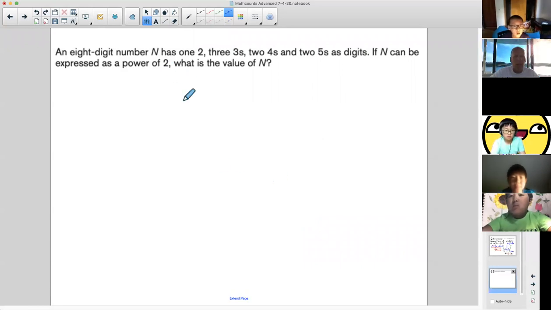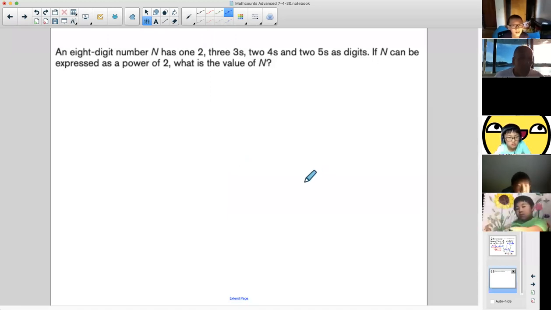Okay, so anyway, guys, we have an 8-digit number N. It has one 2, three 3s, two 4s, two 5s. If N can be expressed as a power of 2, what's the value of N? And I am allowing calculators on this one.